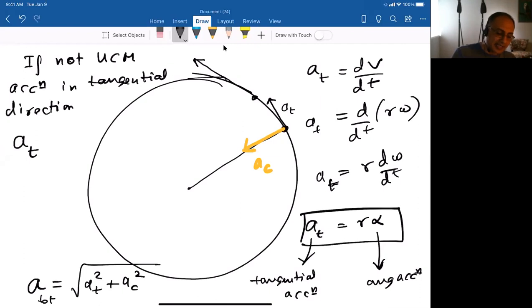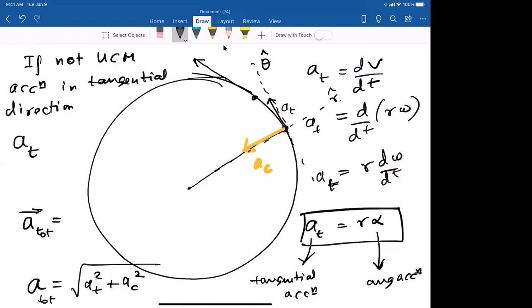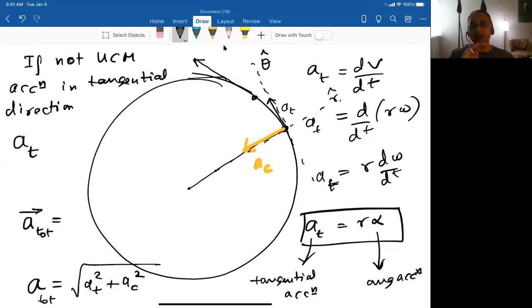If you want to write a sub t strictly as a vector, this is the theta hat unit vector. The unit vector in this direction is theta hat, and this is the r hat unit vector. Just as an exercise in vectors, what would the a total vector be in terms of these unit vectors? You have the two components of a vector, and I'm asking you to put it in the i hat something plus j hat something form, except that instead of i hat and j hat, I have r hat and theta hat.